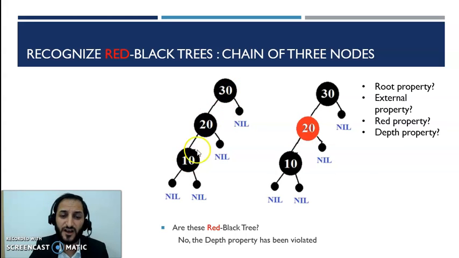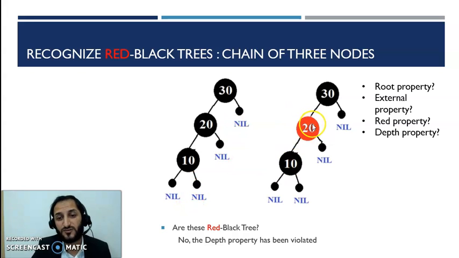If we have any chain of 3 nodes, then definitely this will violate a property. If we have black, black, black, then from this side we will have 4 black nodes, while from here we will have 3 black nodes, and from here we have 2, so a different number of black nodes for each path.